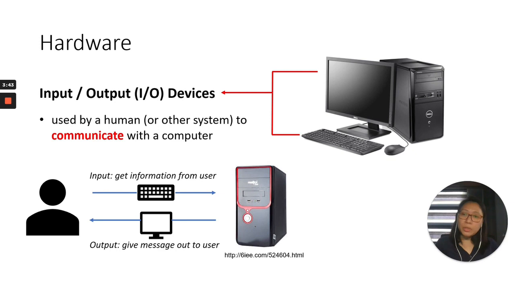We, as user, communicate with a computer through I/O devices. For example, the computer gets information from the user, maybe through the keyboard, and the computer gives message to the user using maybe a screen or a monitor.